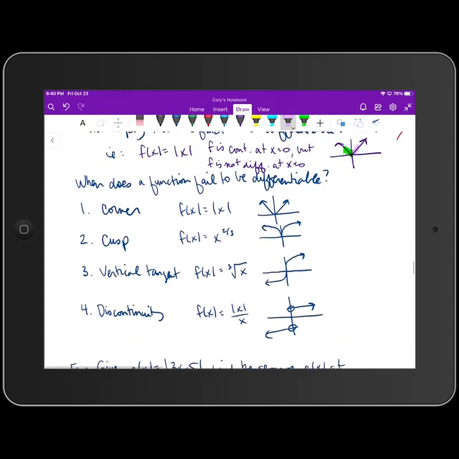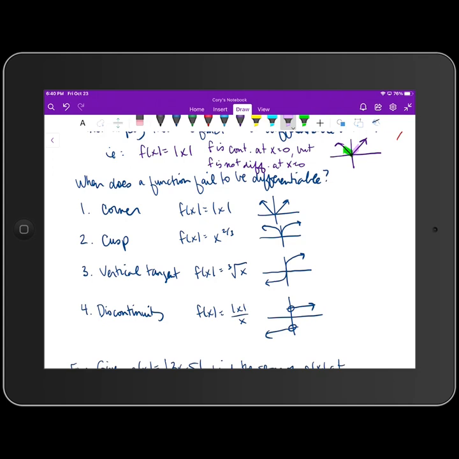What are the 4 circumstances where a function fails to be differentiable? There are 4 instances where a function fails to be differentiable. The first of which occurs at a corner.